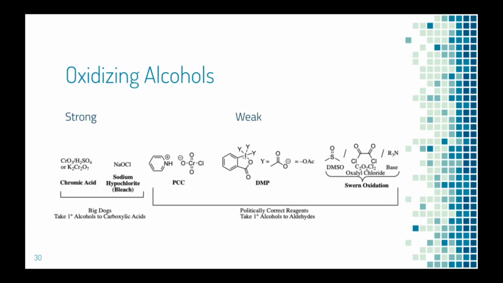The strong oxidizing agents will take those alcohols to carboxylic acids. However, the weak oxidizing agents will take those alcohols to aldehydes and then stop there. It does not matter when there's a secondary alcohol, but it's very prevalent when there's only a primary one.